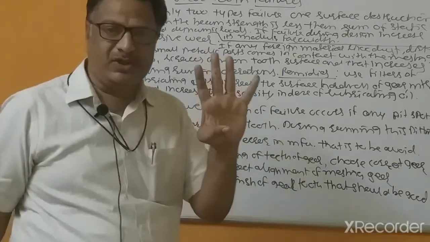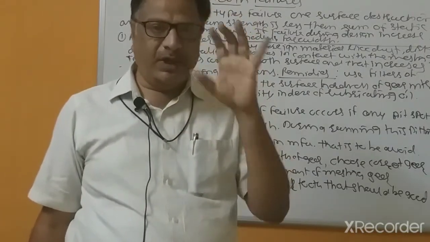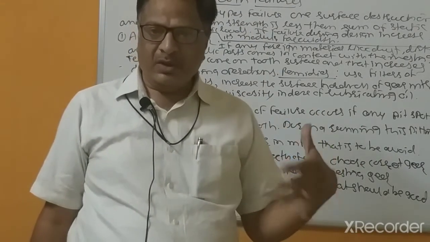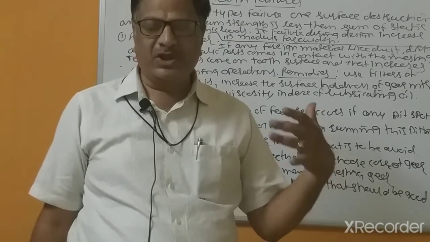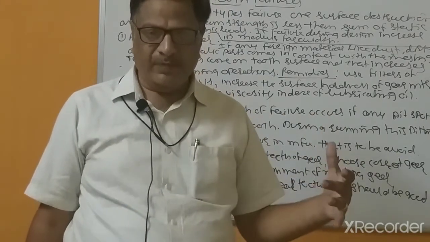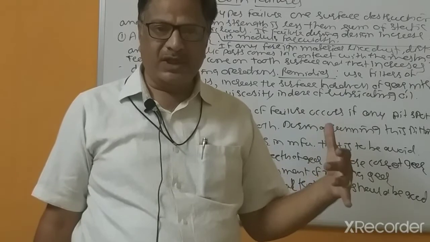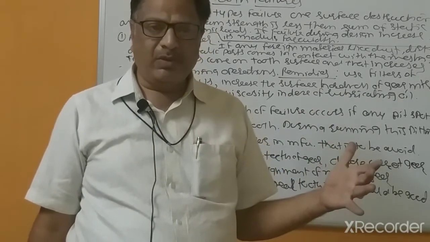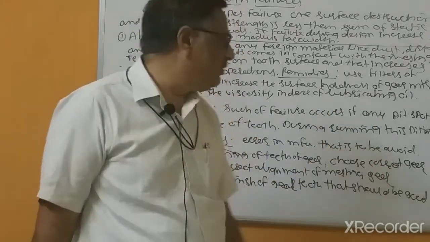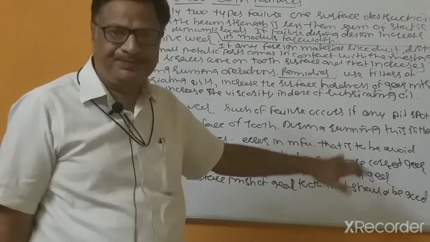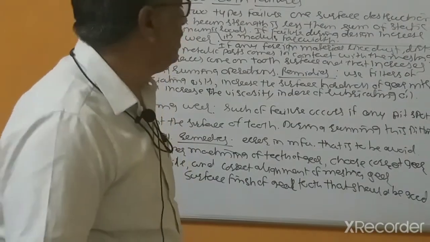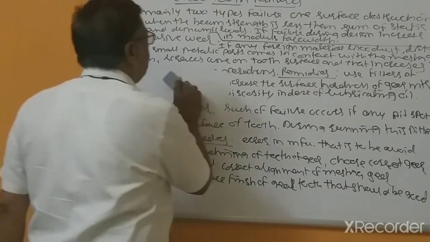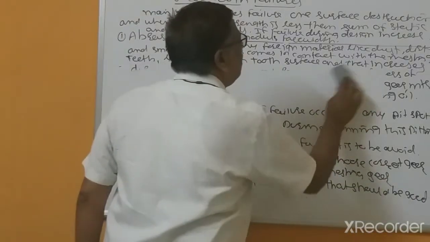So here three points are to be considered. Any errors in the manufacturing should be avoided, or you can increase the surface finish of the teeth, which means more accuracy is required during the finishing of the teeth. Next is the alignment of the gear: proper alignment is required, and selection of the correct gear profile is also important for avoiding the pitting failures.